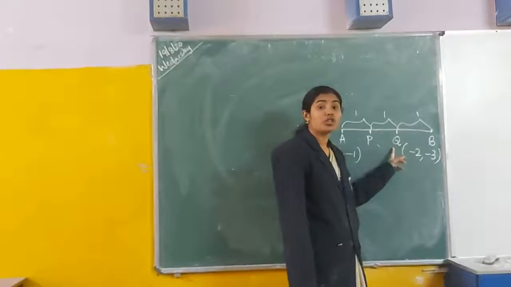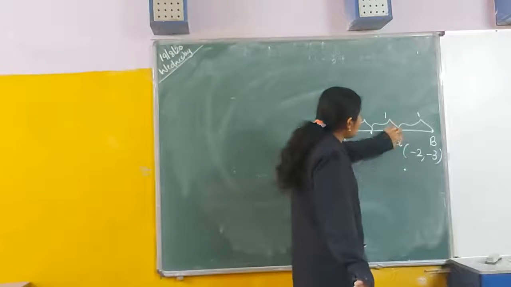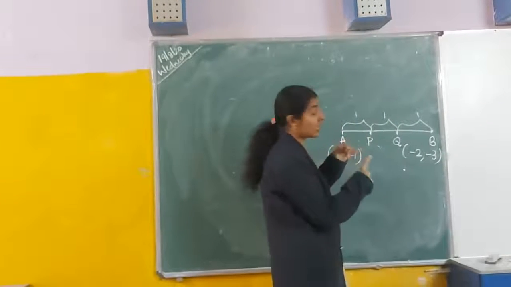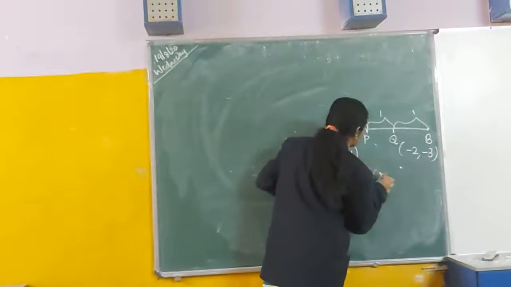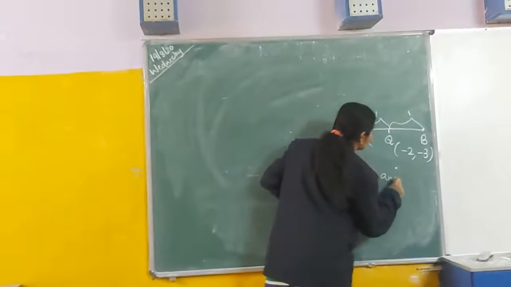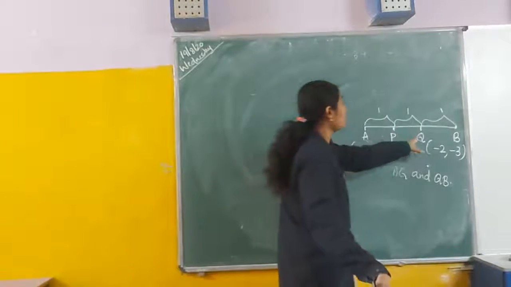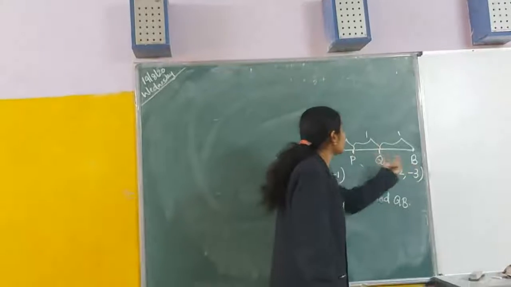Next, one more point you should find out. What is that? You should find Q. Q divides this line segment AB into two parts, which are they? AQ and QB. So the point Q divides AB into two parts, AQ and QB.